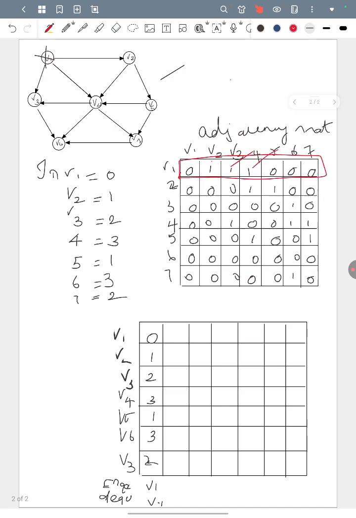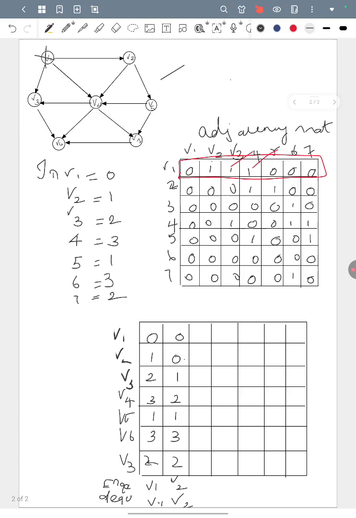So we want to subtract a value from each. For V2, if we subtract 1, the in degrees become 0, 1, 2, 1, 3, 1, 3, 2. Okay, now see which vertex has 0 in degree, which is V2. Now we will NQ V2 and DQ V2.